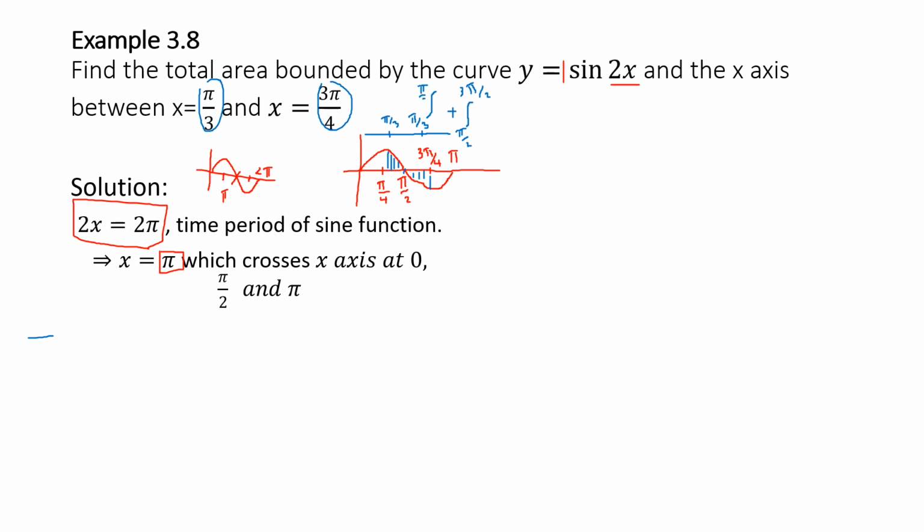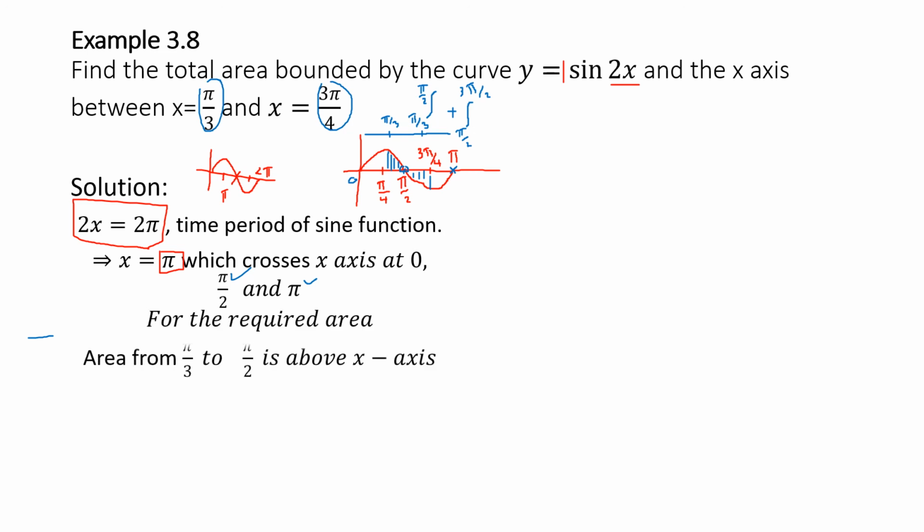So two areas we are going to find, one above the axis and another below, which crosses the x-axis at 0. Look, this is 0, another is pi by 2, this point, and the last is this one. So it crosses the x-axis at 3 points.